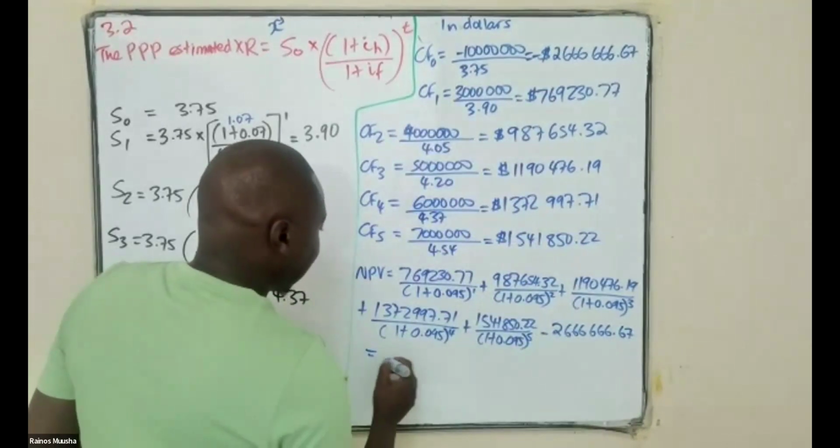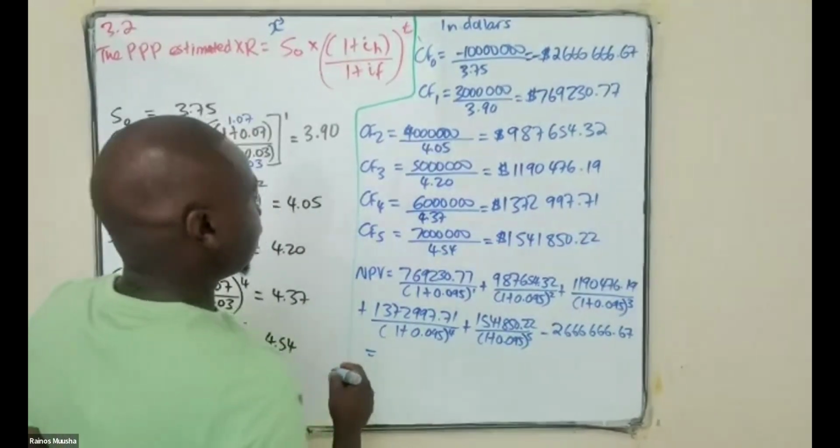So given this information, how much do you get as the net present value in US dollars?